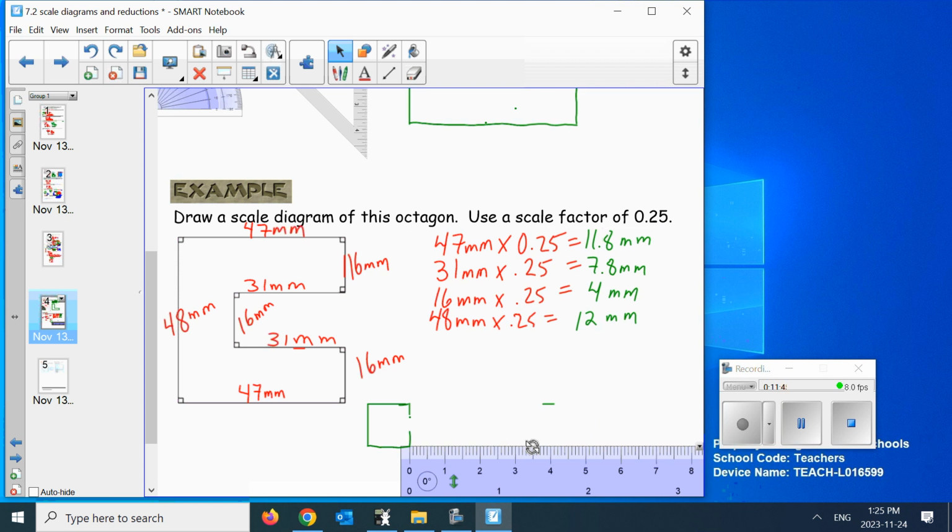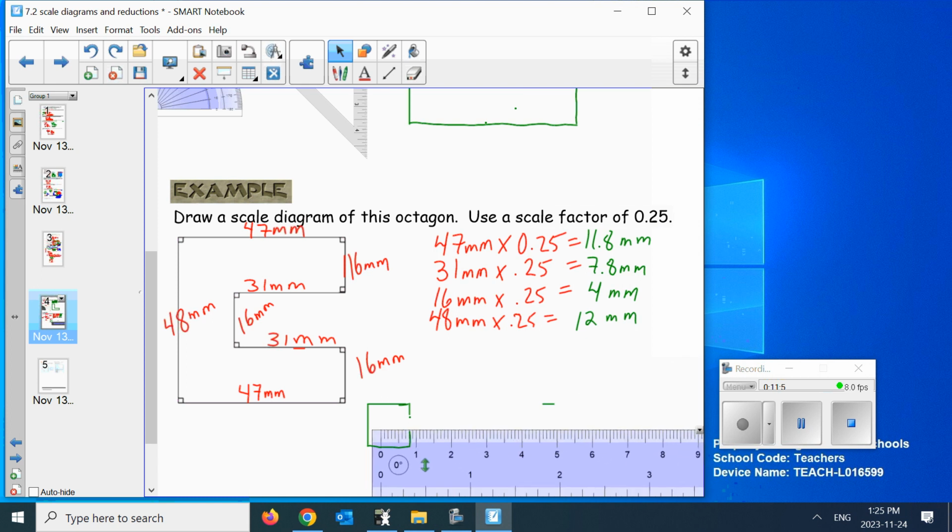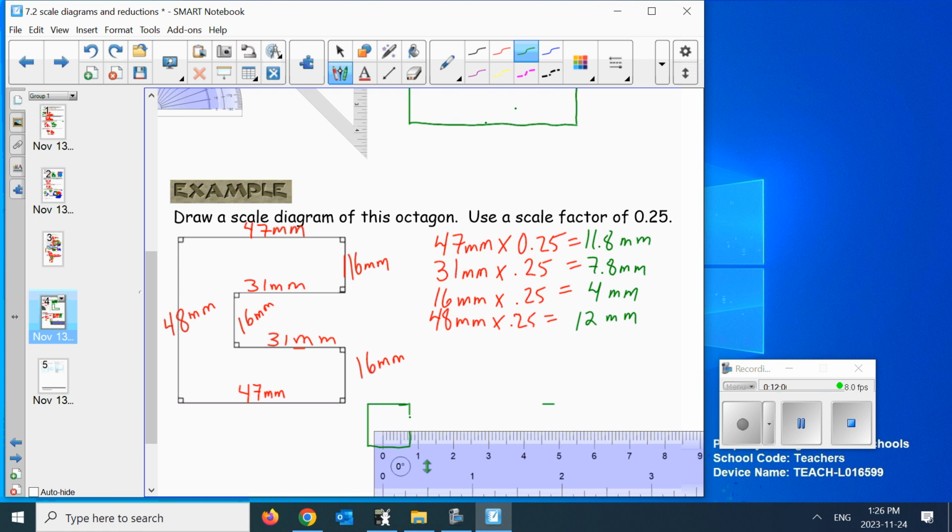Those 31s are actually 7. Well, that went way over just the way the digital marker works. So again, try that again.